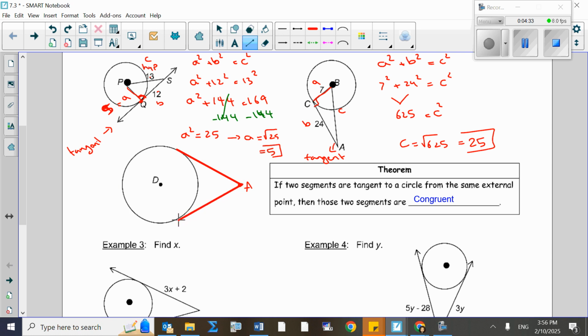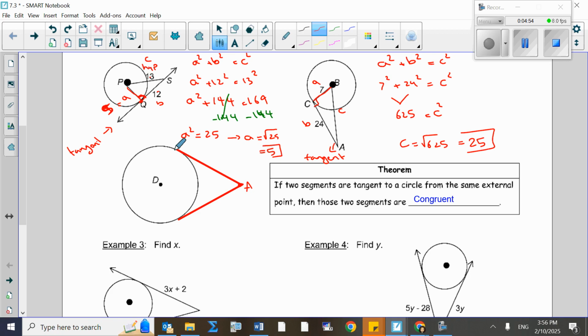They're both tangent lines, and they're touching the circle because they're tangent, of course. So the theorem says if two segments are tangent to a circle from the same external point, then those two segments are congruent. So this line is going to be equal to this line.